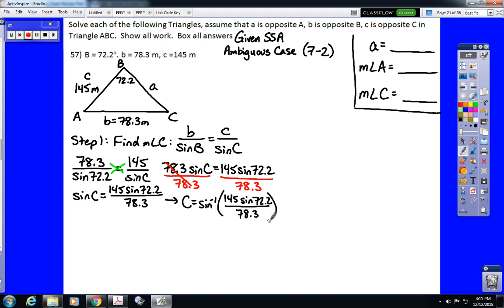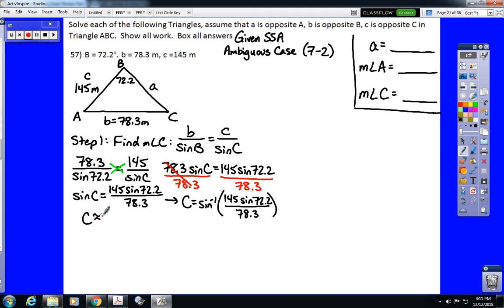And we feed that to the calculator. We're going to round our answer to 3 significant figures. So we feed that to the calculator, we hit second sine, and then the fraction button, and then type in that fraction, 145 sine 72.2, close, over 78.3, and we get a domain error.